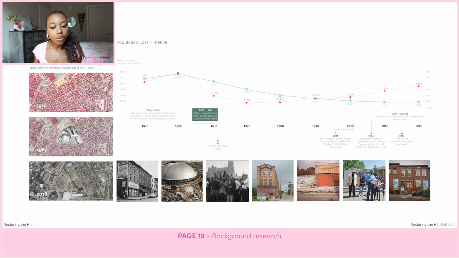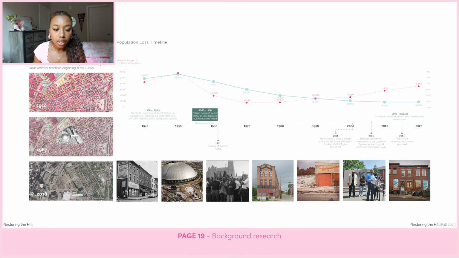But during urban renewal, which was a nationwide phenomenon in the US in the 1950s and 60s, a huge chunk of the neighborhood was razed completely, and this sports arena was built there. So it had long-lasting economic and population impacts.